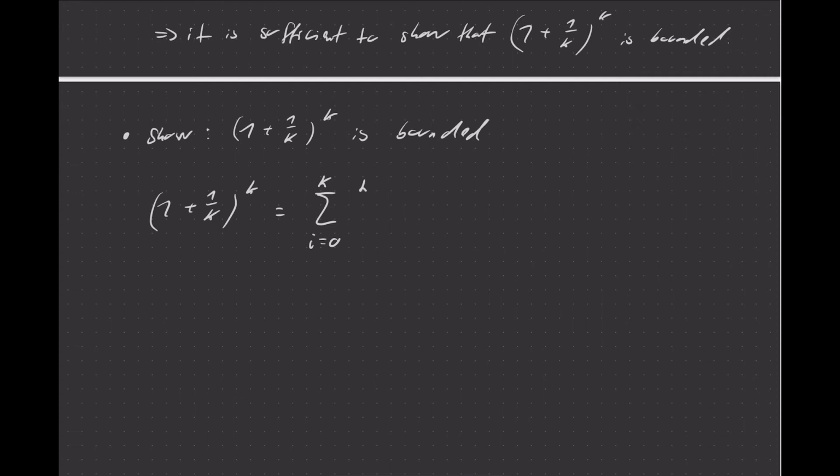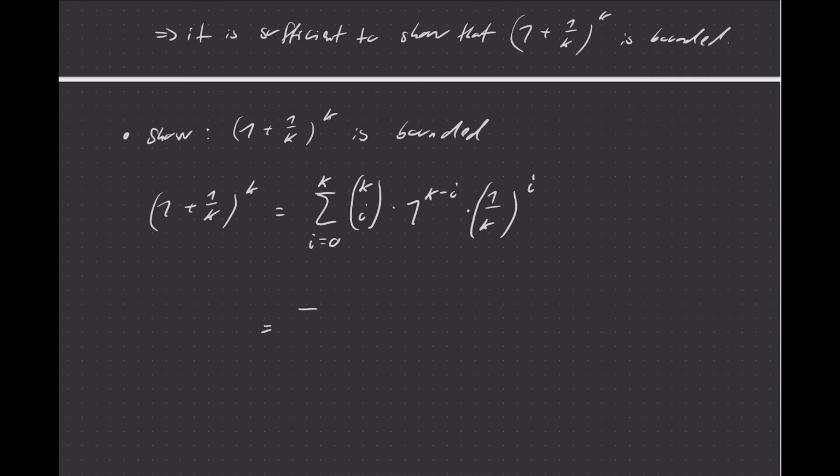The coefficients are k over I, the binomial factors here, times, and now we have that first summand, the 1 to the power of k minus I. So the powers of that are decreasing with increasing I. And we have that second factor, 1 over k, and the power of that is then increasing with increasing I, so to the power of I. So that's a generalization of the binomial formula. Again, we've talked about this before. So here we can apply that.